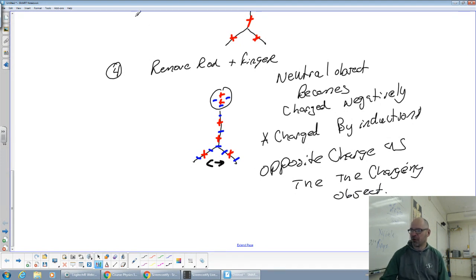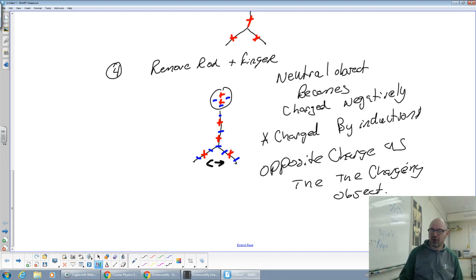Okay, it's going to be the opposite of whatever you're holding close to it. Okay, because of the laws of electrostatics. Okay, so that is basically charging by induction. We did charging by contact. Now that was charging by induction.